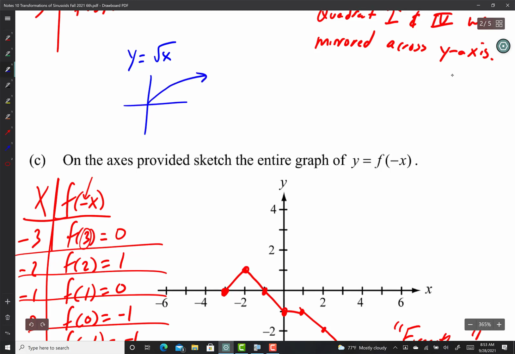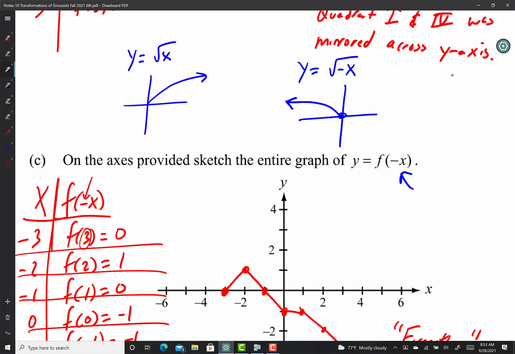Right? Okay. So now that you know that y equals square root of x looks like that, if I tell you, how does y equals square root of negative x look? Well, earlier we did something, that's negative x, and it reflected across the y-axis, so it must be the same graph, but reflected across the y-axis. Cool or not cool?